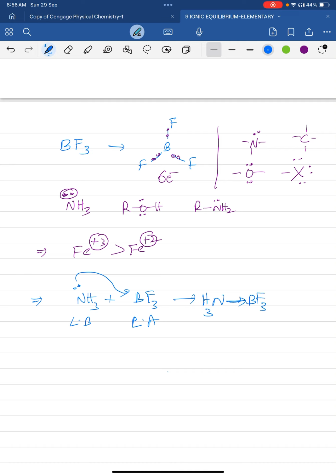One atom donates 2 electrons and the 2 atoms share them. That is what we call a dative bond or coordinate covalent bond. So according to Lewis acid-base theory, neutralization means coordinate covalent bond formation. Got it? So that is the Lewis acid-base theory.